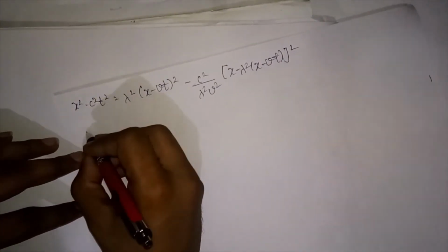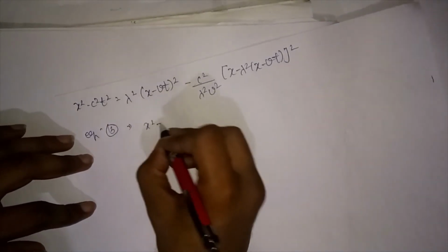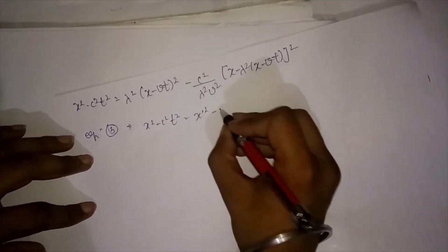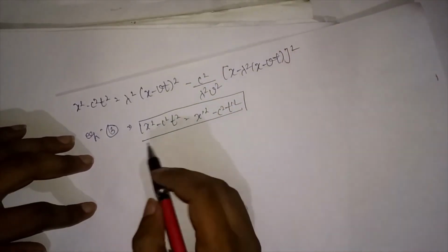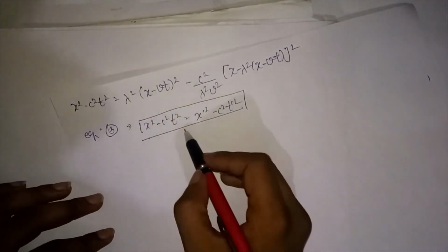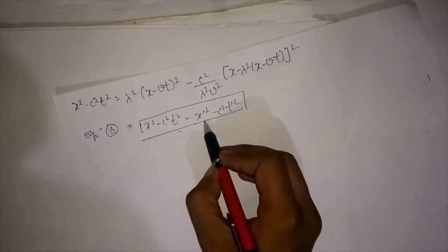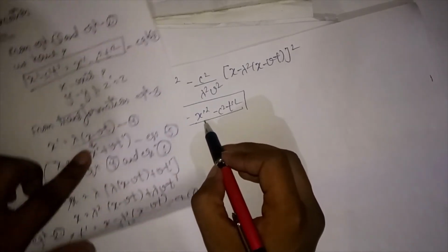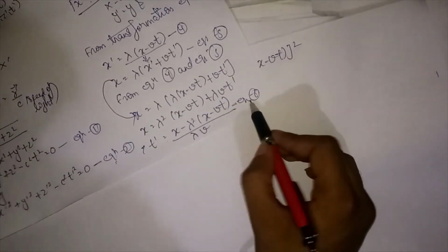We get this from our equation number 3, which is x square minus c square t square equals x dash square minus c square t dash square. So we have put the value of x dash square, which we found here, and then put the value of t dash square, which we found in equation number 6.